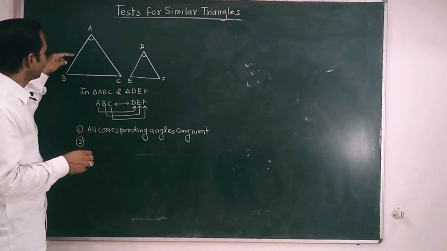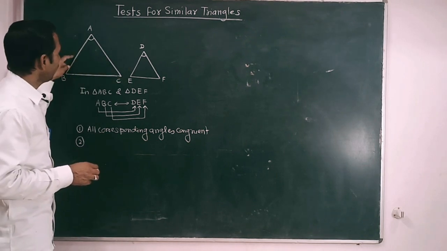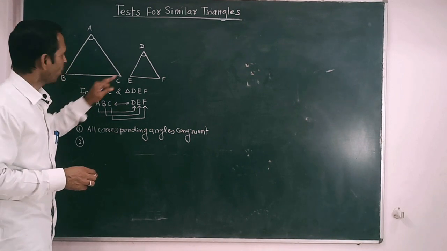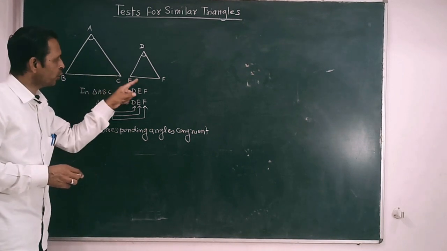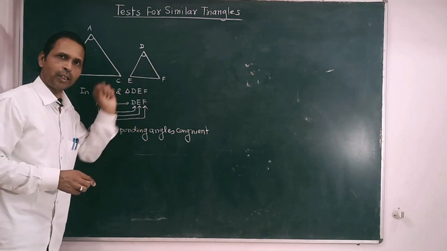The corresponding side of AB is DE, BC corresponds to EF, and AC corresponds to DF.